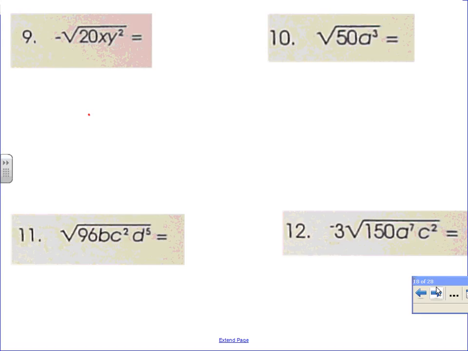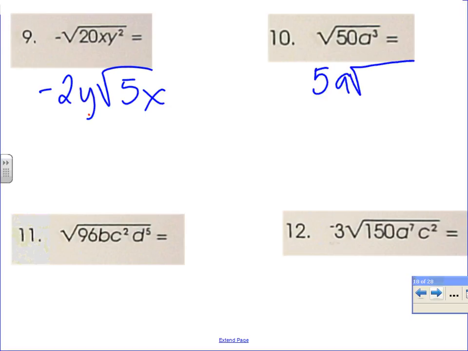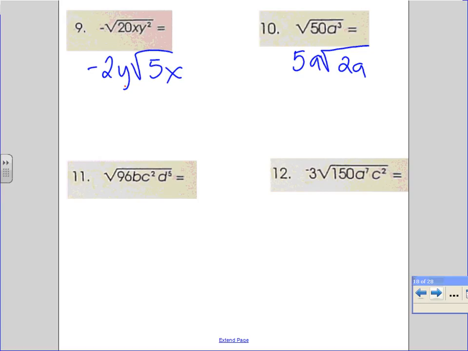Good job. Katron, number 10. You said 10A? Nope, but you're close. Jake? Good, 2A. Very good. Let's see here. Amy, 11? No? Helene, you want to try 11?